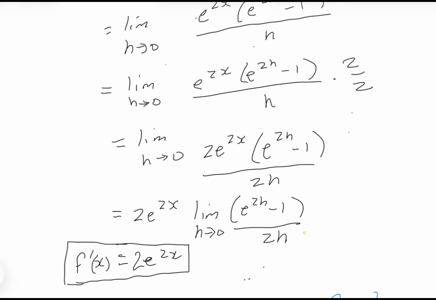This thing here is going to be equal to 1. So then that's going to leave you with just 2e raised to the 2x times 1 equals 2e raised to the 2x. So f prime of x is equal to 2e raised to the 2x.